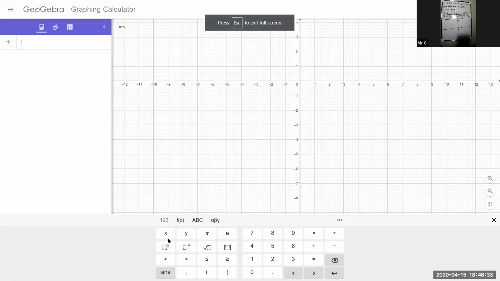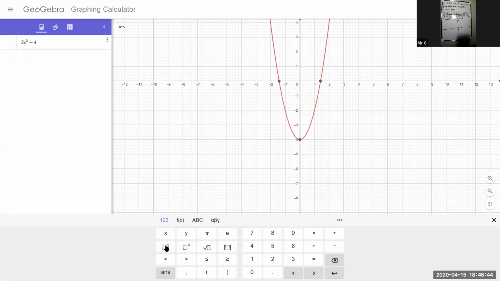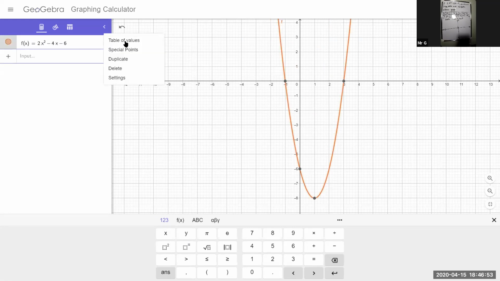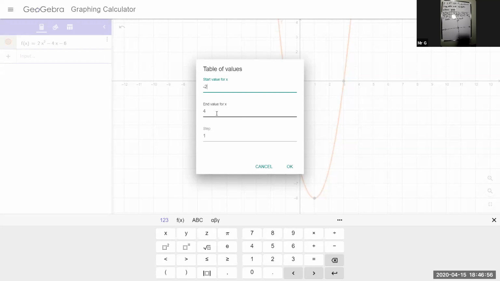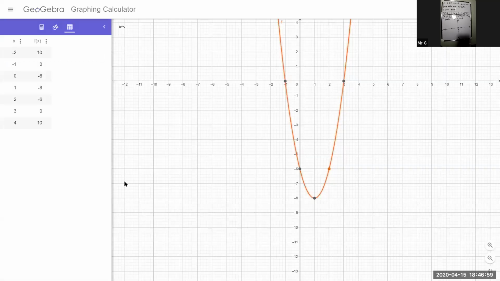It's 2x squared minus 4x minus 6, and our table of values begins with -2 and ends with 4. So this is how our graph would look. Let me check yours now, Marie. Okay, Marie, yours looks correct. Yes, it is actually correct.